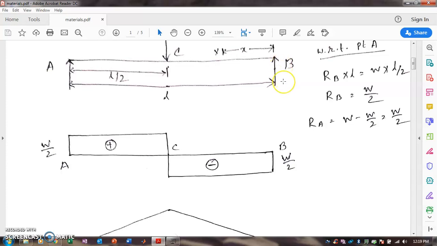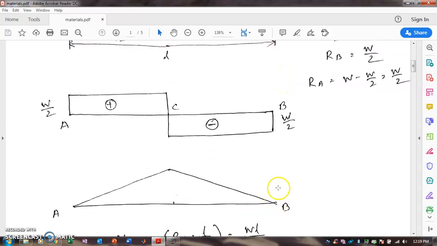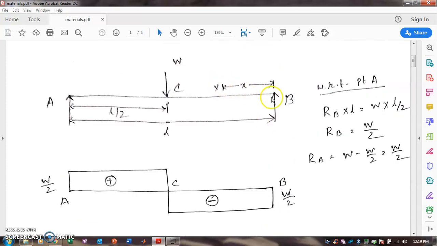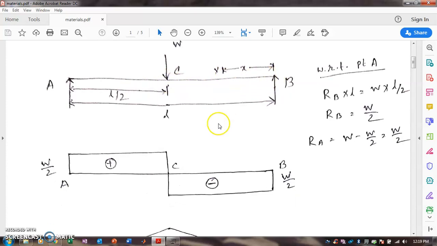The perpendicular distance is 0. So moment will be 0. As this point X moves from B in this direction to the left hand side, the moment increases linearly because the perpendicular distance, that is X, increases, and moment is RB into X.